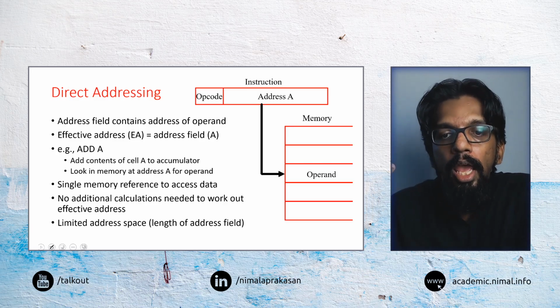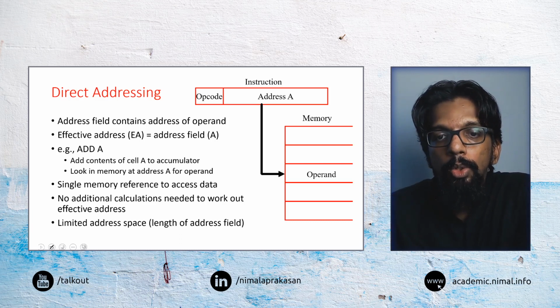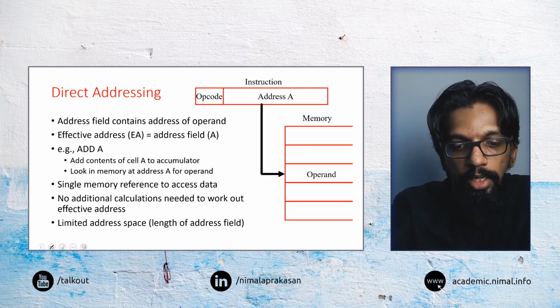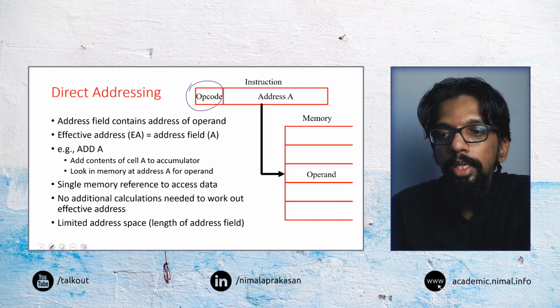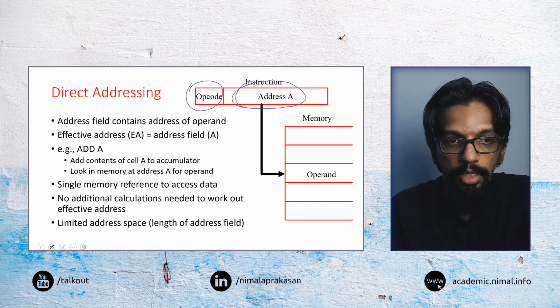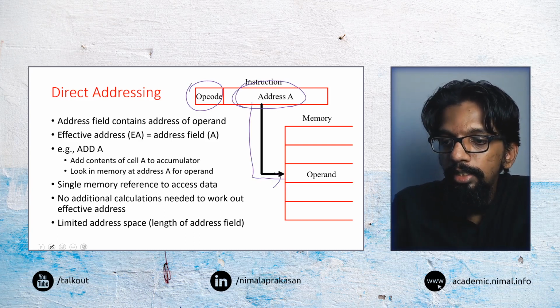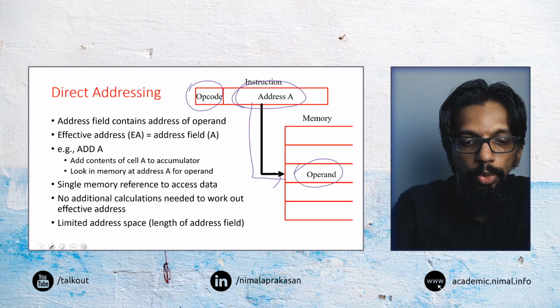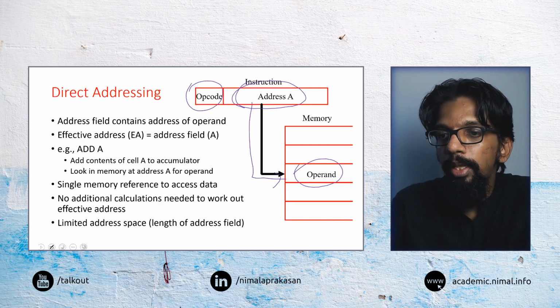Then we can have direct addressing. Direct addressing is basically one of the simplest forms of addressing. What we have here is the opcode and the address, and the address is directly pointing to the operand in the memory. So there's nothing complicated here.